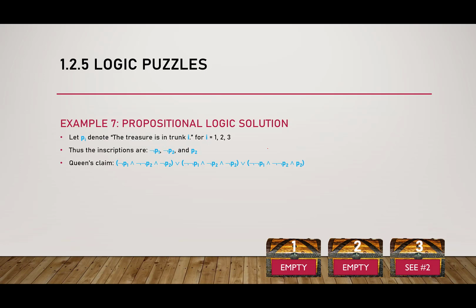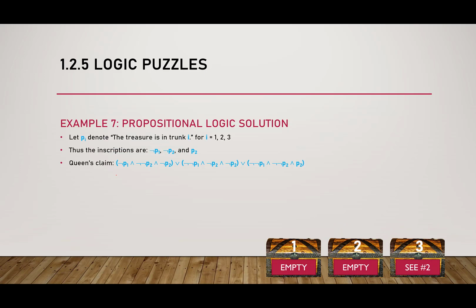So, in other words, if we start with this first one, not P1, so it's not in the first trunk, and this is saying not in the second trunk. So she's claiming that one of the statements is true, which means the other 2 are false.